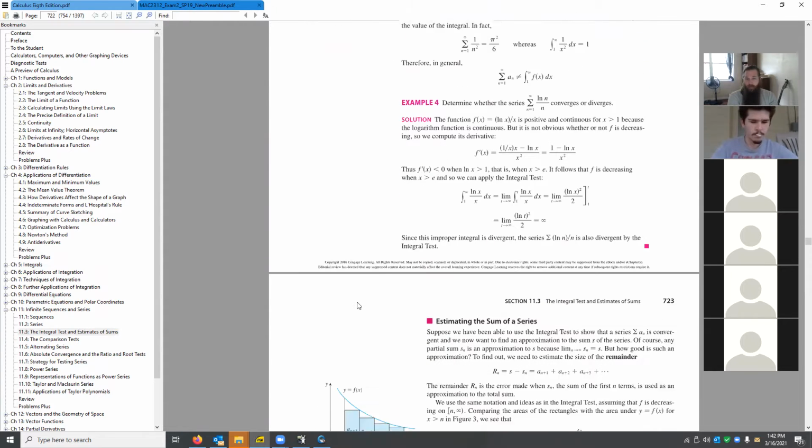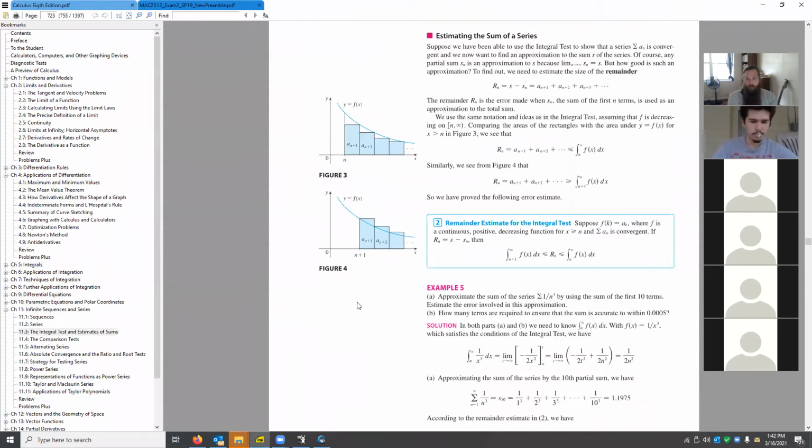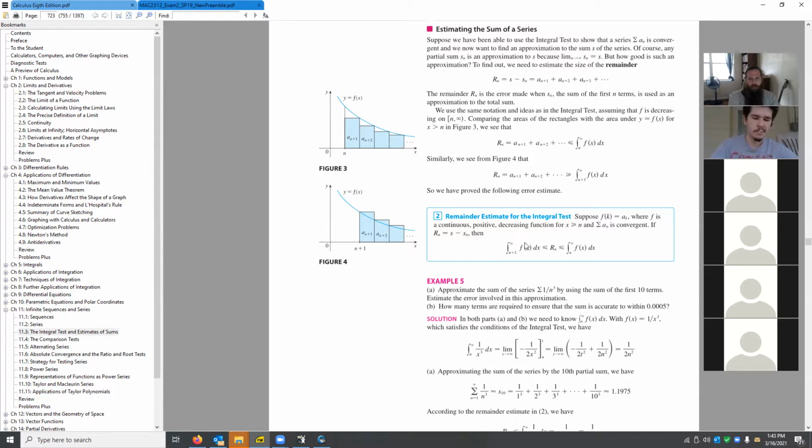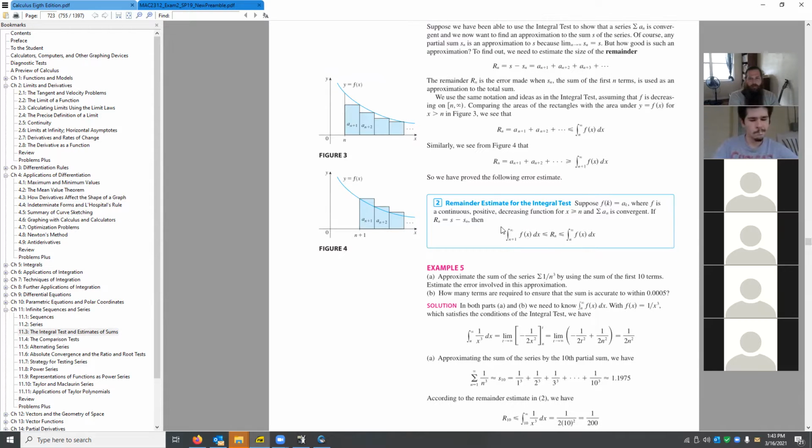It's slightly complicated. Here we are. It says that the difference between the full series and the nth partial sum, which we call the remainder, is no greater than the integral from n to infinity of f of x dx. So if you want to know how far off you are from the actual value of the sum, you can work with this inequality.